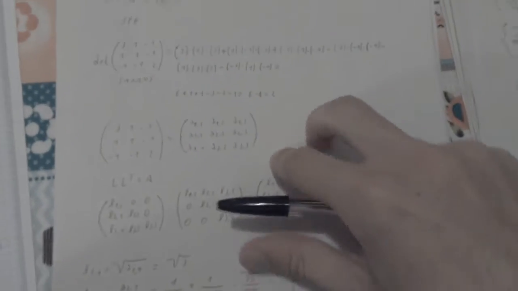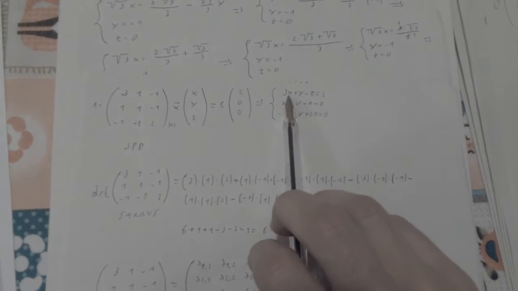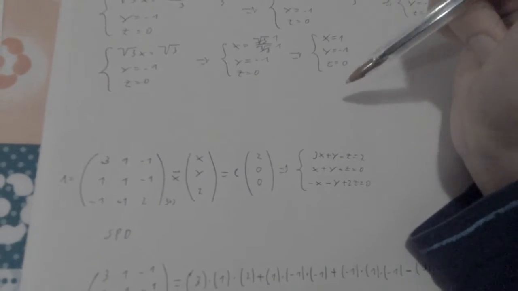But let's check it. Our initial system of linear equations was this one. So we're now going to try the values that we got: 1, negative 1, and 0.